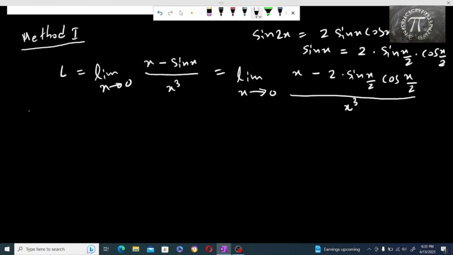So L equals, I'm going to factor out 2 in the limit.